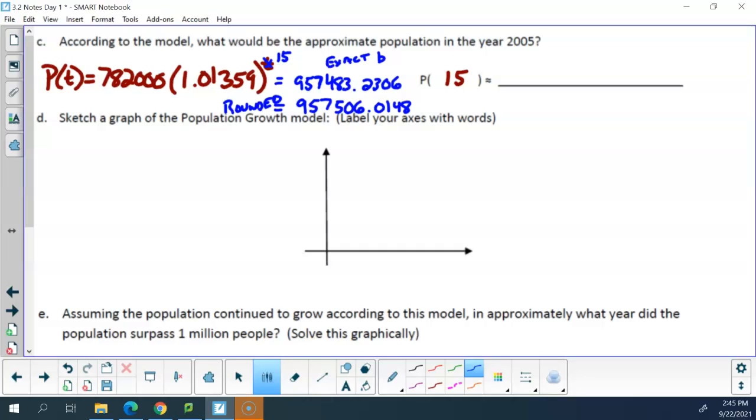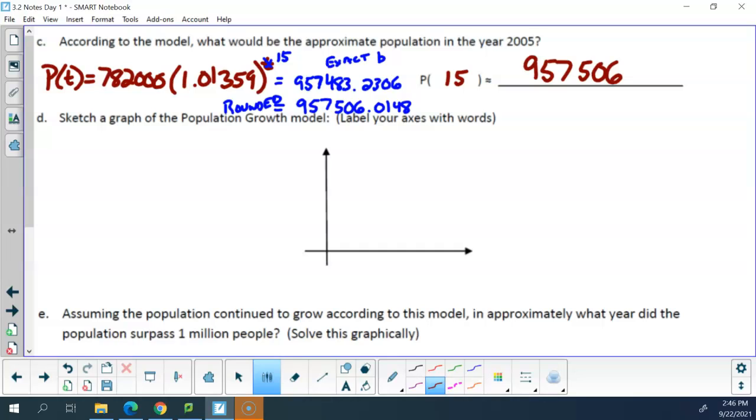So there should be approximately somewhere in the neighborhood of 957,000. We'll use the rounded one: 506 people. Can I have decimal points? No. Why not? Less than a whole. Can't have less than a whole person. Okay? Alright.